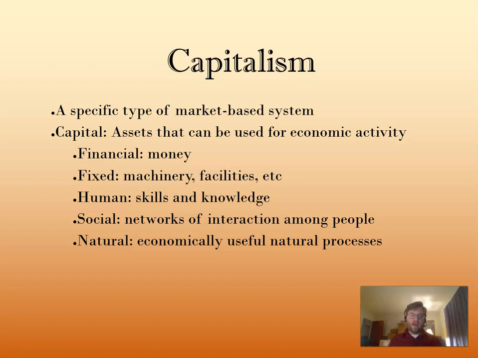That's financial capital. Then you've also got what's called fixed capital. So this is machinery, facilities, physical things that can be used to do some sort of economic activity. So if you have a steel factory and it's got all the equipment in it that's necessary for making steel, that's a big piece of fixed capital.